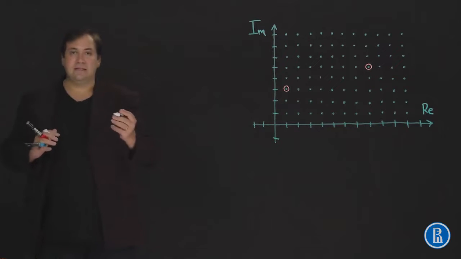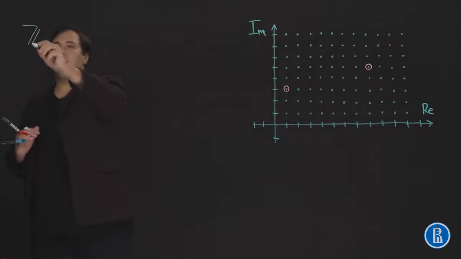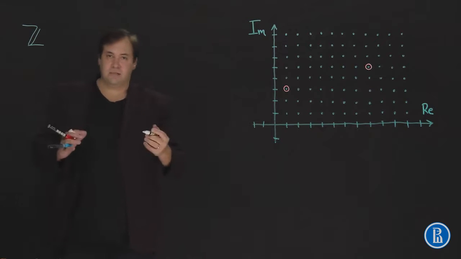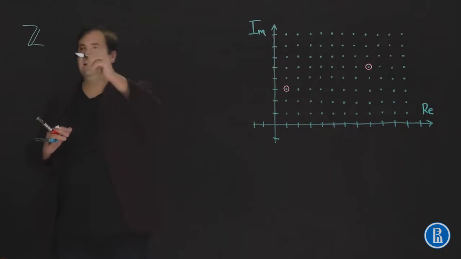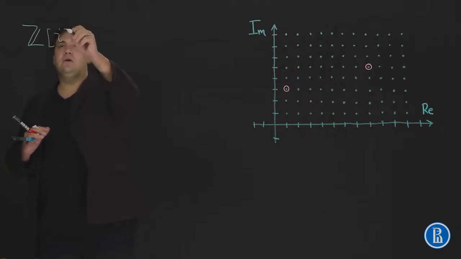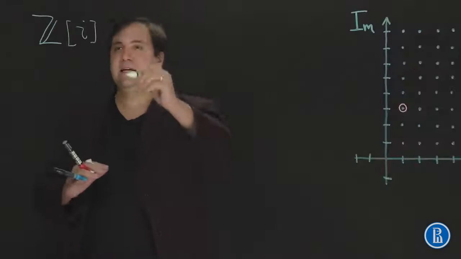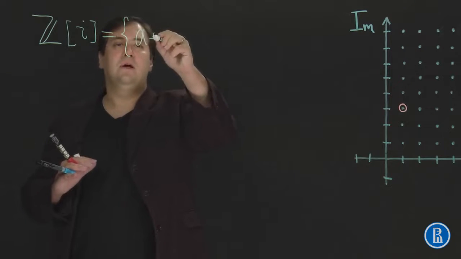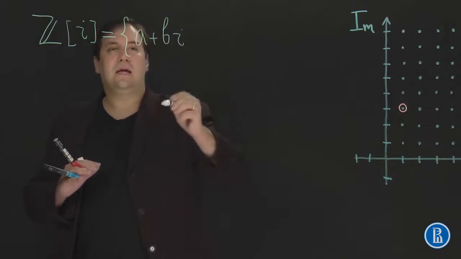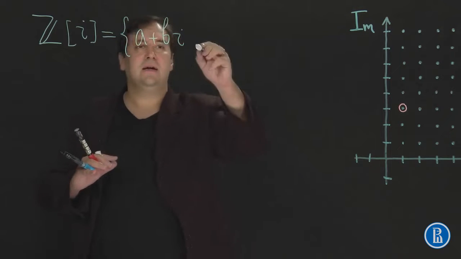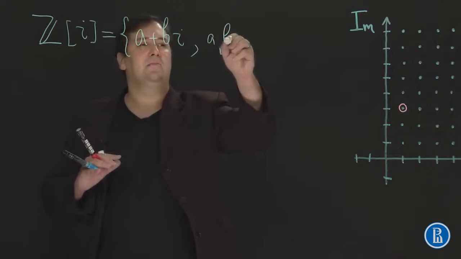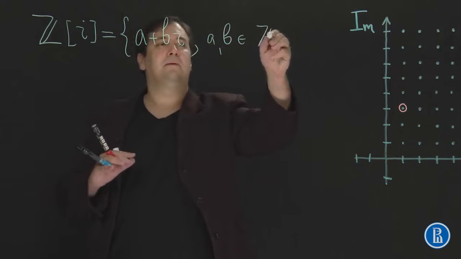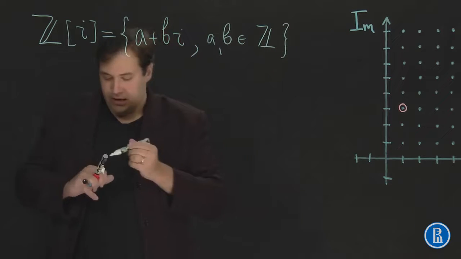Let's consider the ring of Gaussian integers, which I will call complex integers, since it consists of all complex numbers of the form a plus bi, where a and b are simply integers.